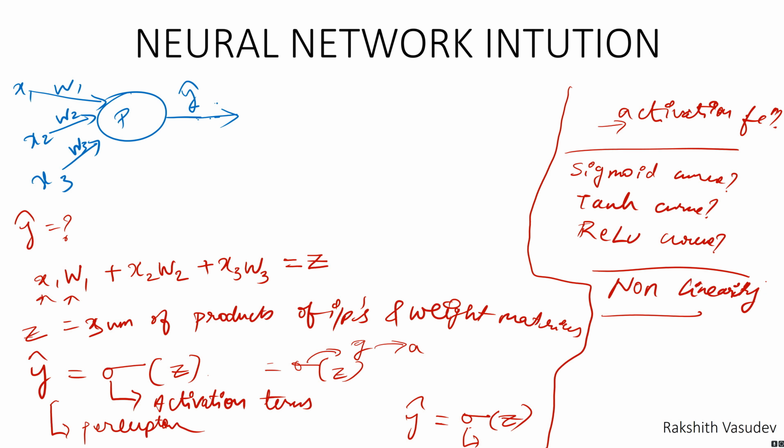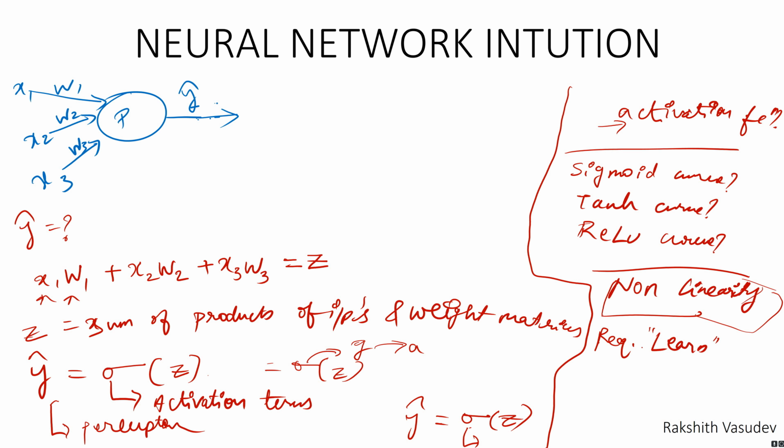Now, why do we need non-linearity in our neural network? Let me get to that point. I'm not trying to pump everything into one video, but you should know that non-linearity is required for a neural network to learn. This is a new term, but machine learning is all about learning.